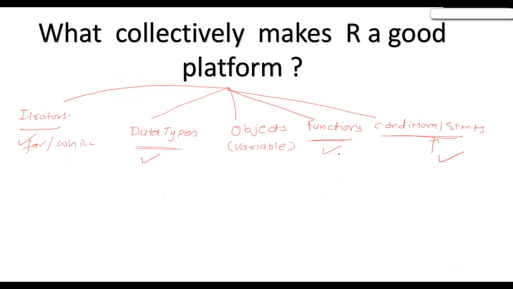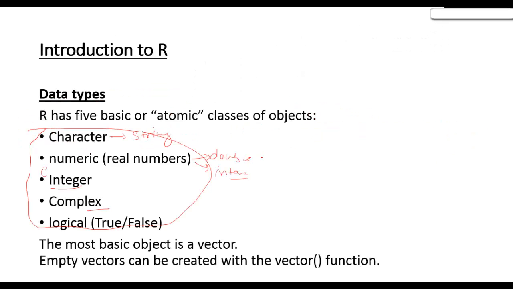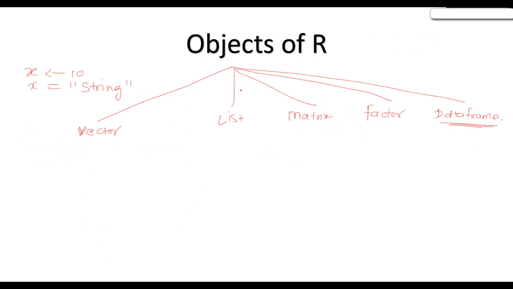Function is now covered. Okay, fine. So now let's get our focus on objects. As I have told you, these are basic objects. From here, the actual tutorial of R is basically beginning.